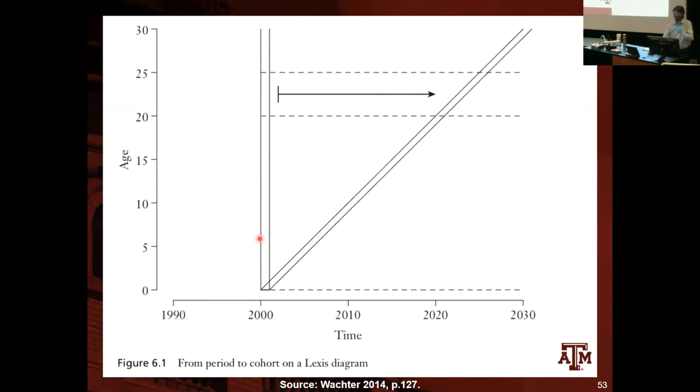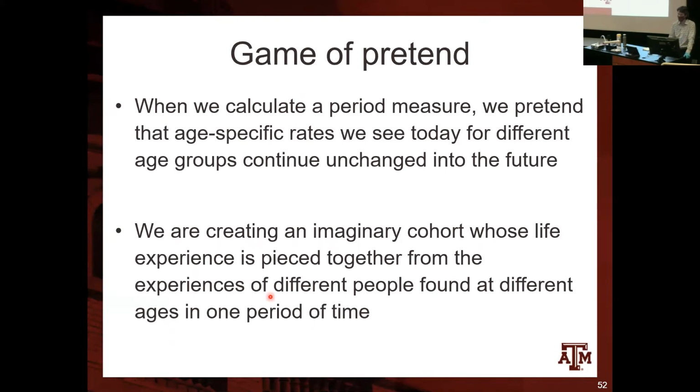And I'm saying, based on the mortality and fertility rates from these people here, if a group of people throughout their lives experience these fertility and mortality rates, what would be the overall life expectancy of these people based on the mortality rates, and what would be the average number of children that a woman would have based on the fertility rates? So see, this is a game of pretend that Wachter mentions in his textbook.